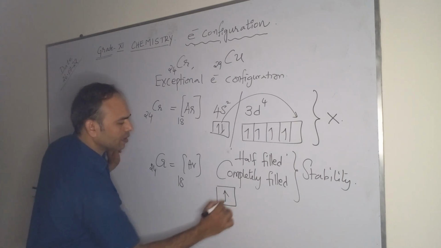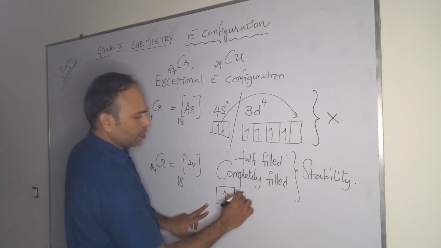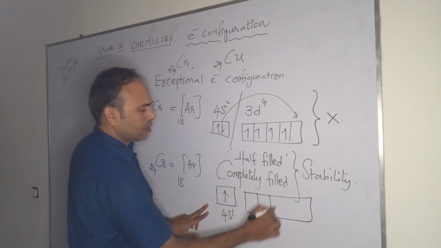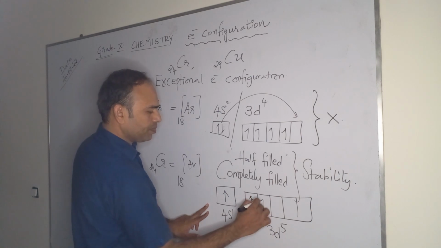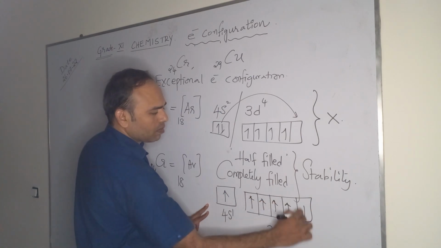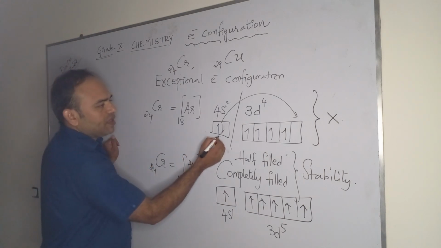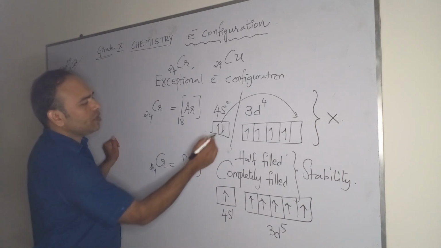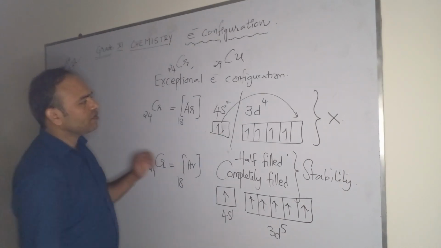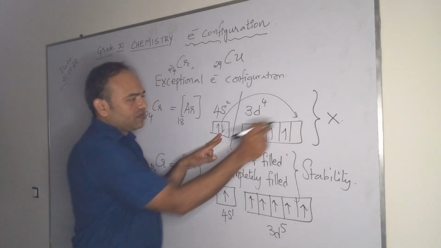You will get 4s1 and 3d5. Hope you have understood this. What is happening? If there is one more electron here, it will get extra stability. For that reason, it is getting an electron from the 4s orbital. So that electron is excited to this.